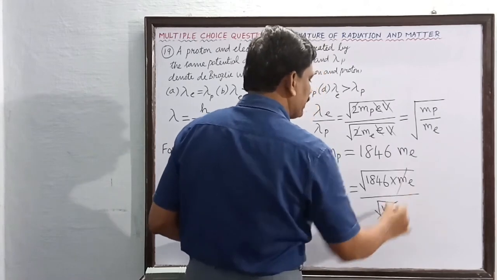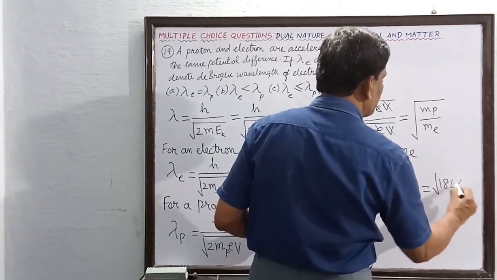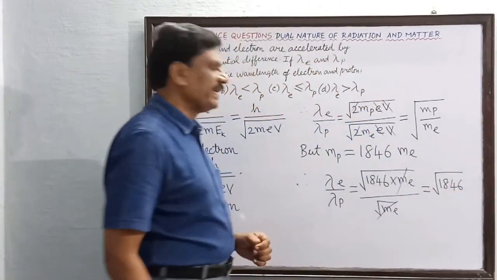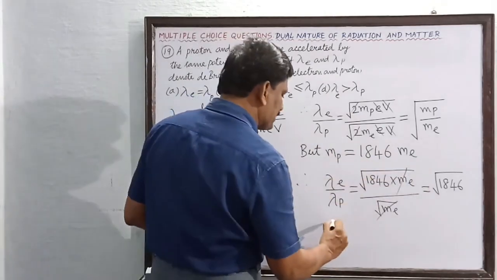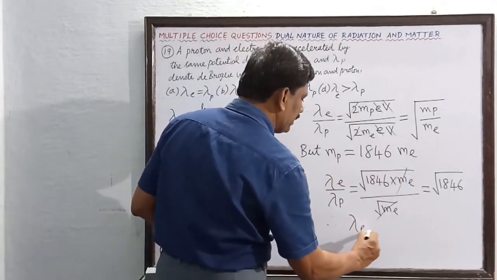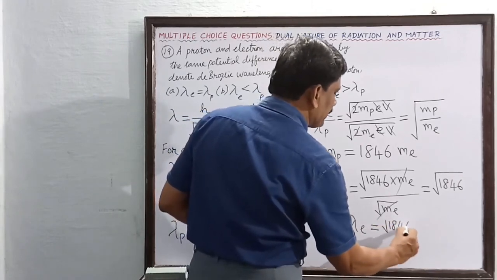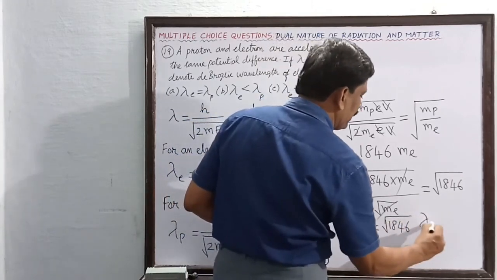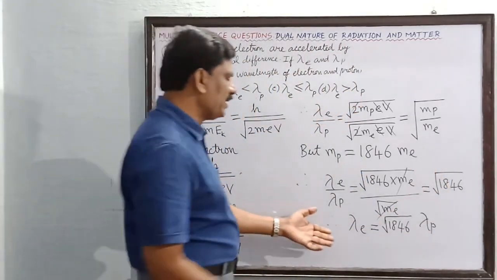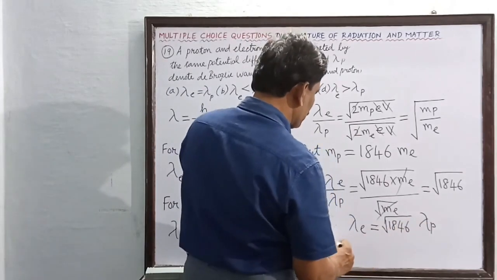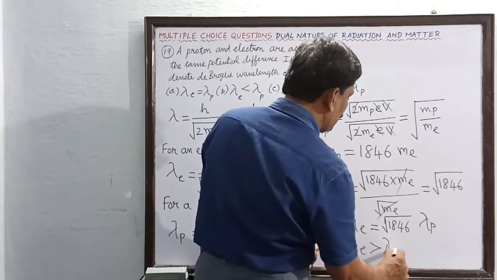These two get cancelled. So this is equal to square root of 1846. Therefore lambda E is equal to square root of 1846 times that of lambda P. That means it is greater. So lambda E is greater than lambda P.